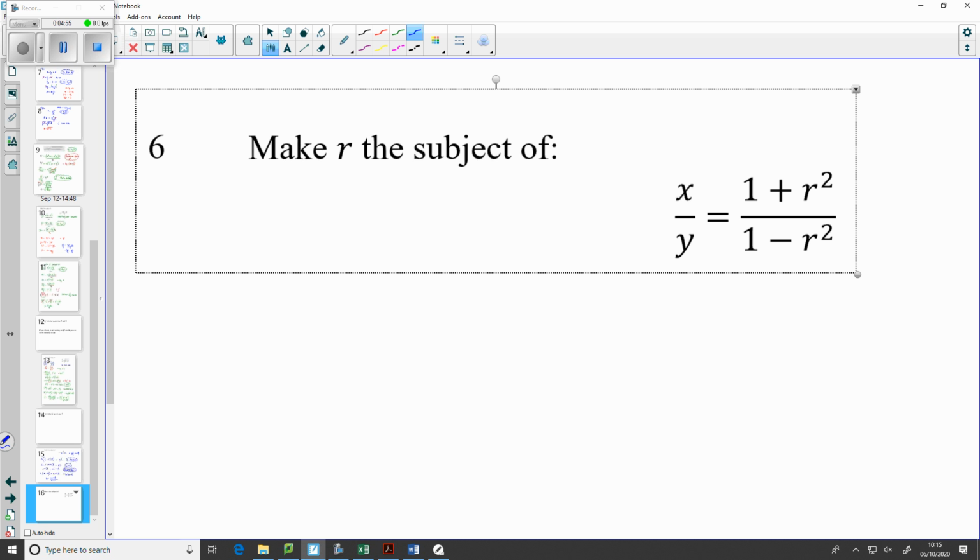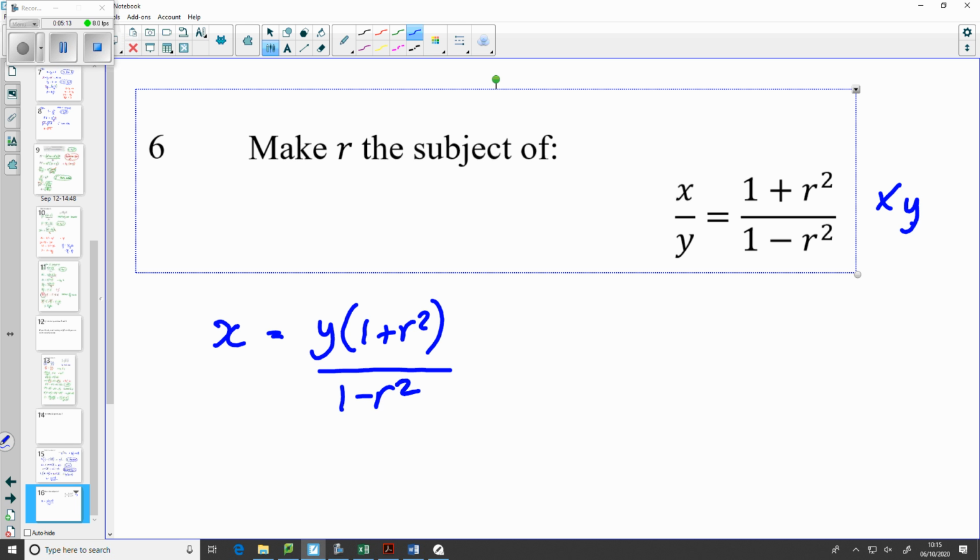So if we start by multiplying by y, we end up with just x on this left hand side is equal to y times 1 plus r squared on the top over 1 minus r squared on the bottom. Okay. That's by multiplying by y.